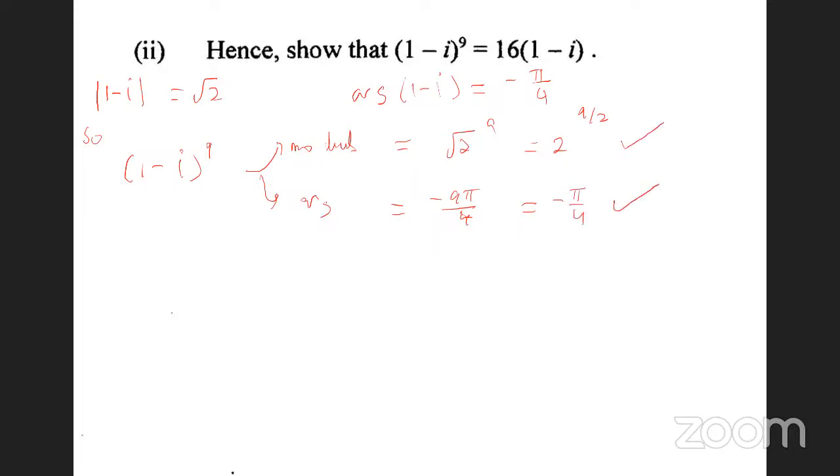I want you to try to figure out now how you're going to show that. If you get it, just message 'prove' or 'QED'. How you're going to show that 1 minus i to the 9 is the same as 16 times 1 minus i. Try that, please.